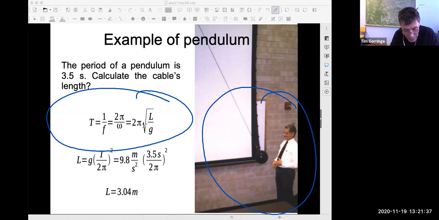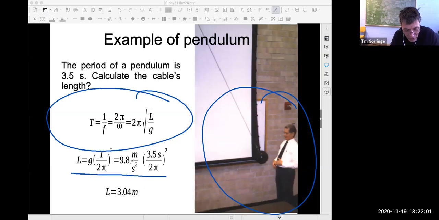So I've got this expression for the period: T is 2 pi times the square root of L over g. I squared up the left-hand sides and right-hand sides, and then I multiplied by g, divided by 2 pi squared, and I get this little expression down here.